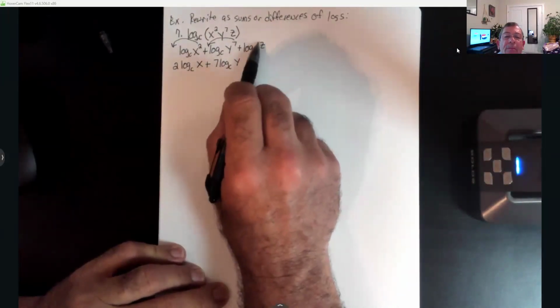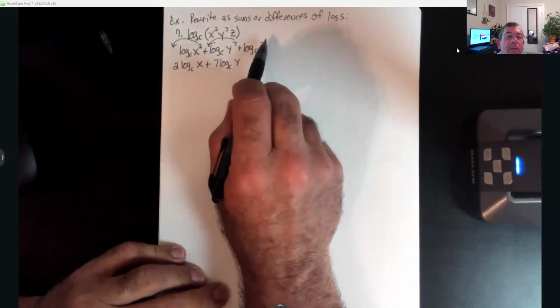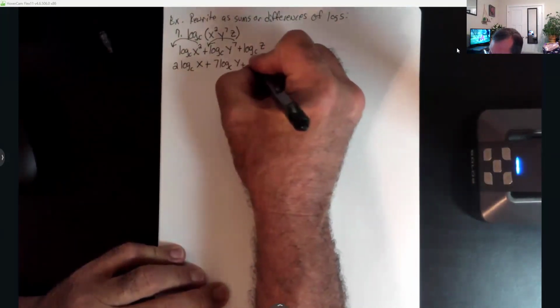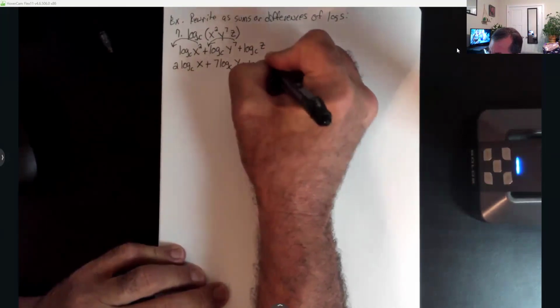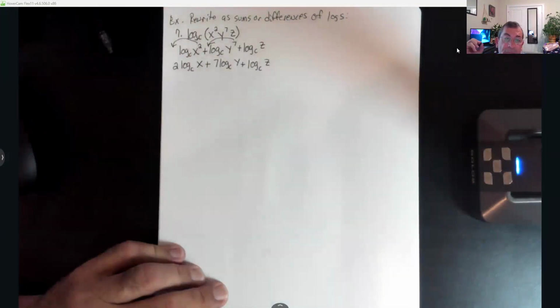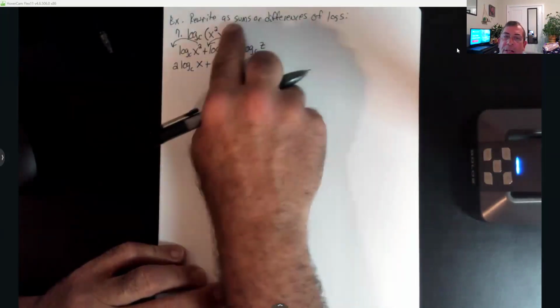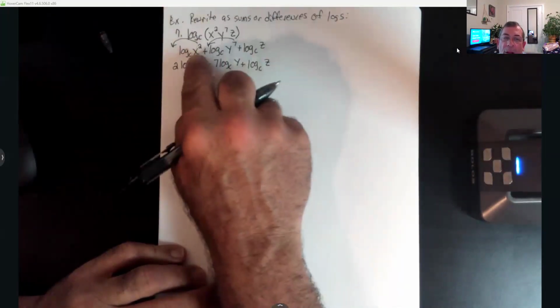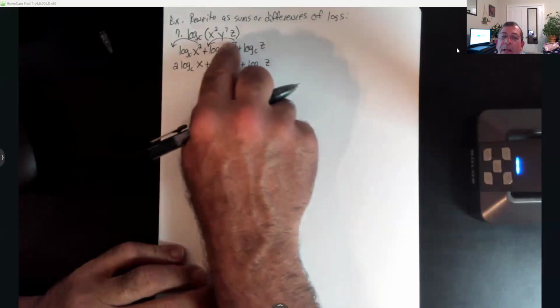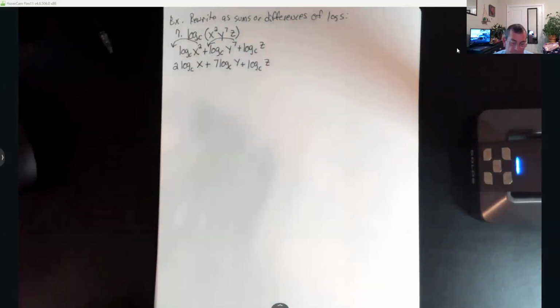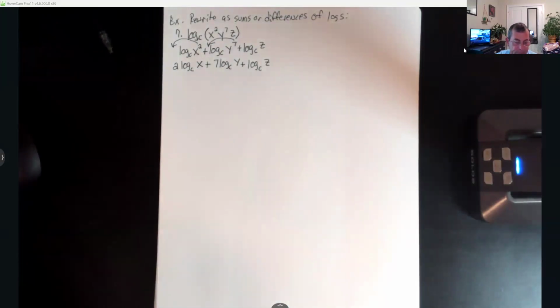And then there's not an exponent up here other than 1, so we don't have to do nothing to that. So we get plus a log c of z. So y'all, when we're doing this kind of stuff, they do want us to take this further and bring down our exponents, okay?